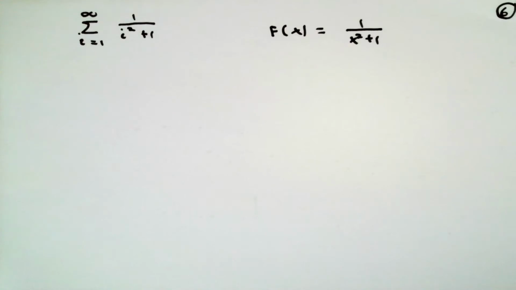And I believe it's pretty clear that as you make x bigger than 1, and then larger than that, 1 over x squared plus 1 gets smaller. So f is positive, continuous, and decreasing on the interval from 1 to infinity, just as we want it to be.